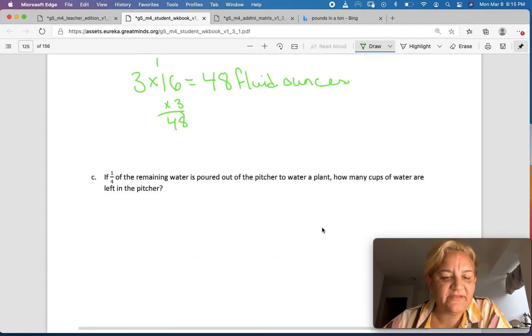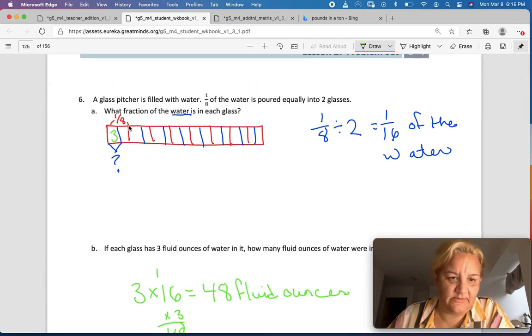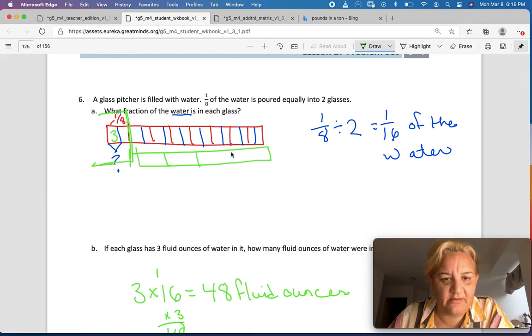If 1/4 of the remaining water is poured out of the pitcher to water a plant. Okay, so this is what was taken out, right? And they're saying 1/4, this is what's remaining.